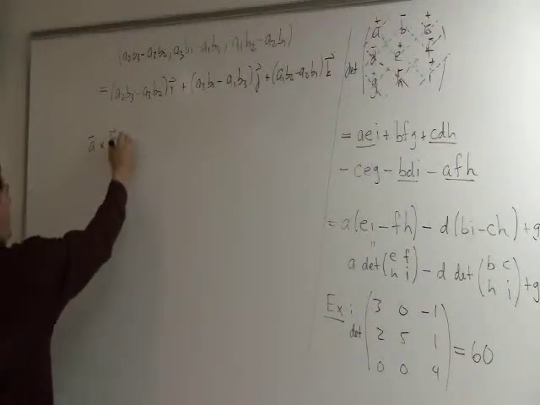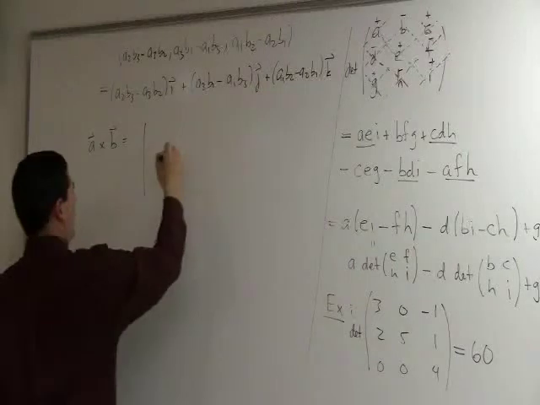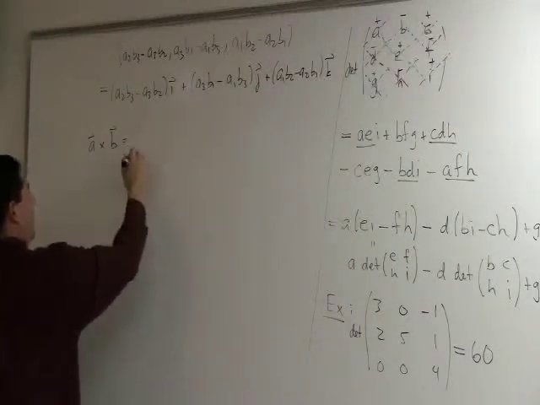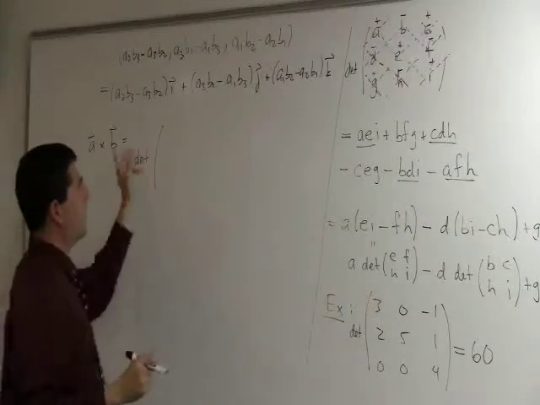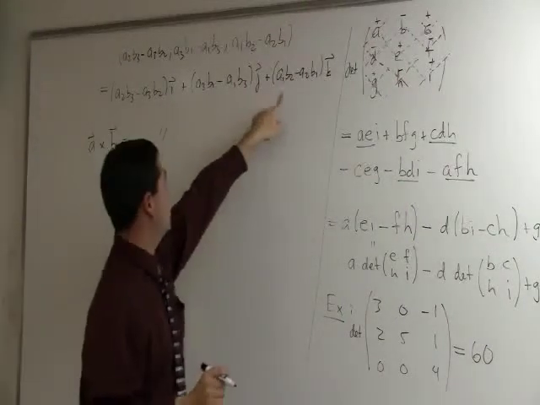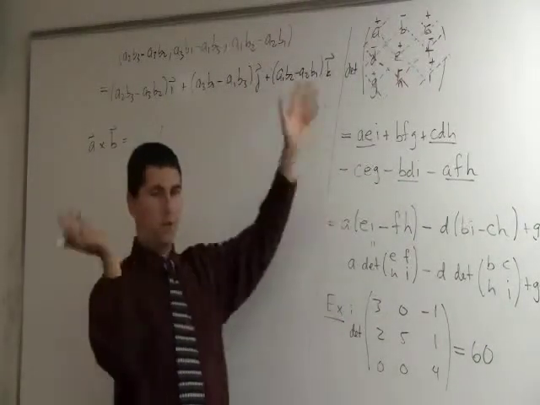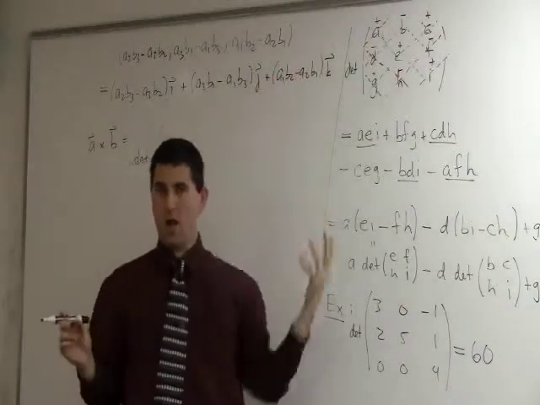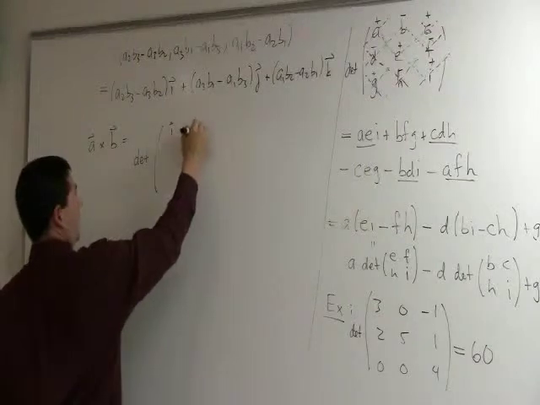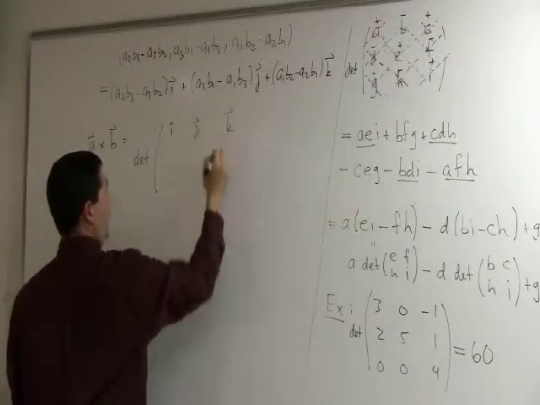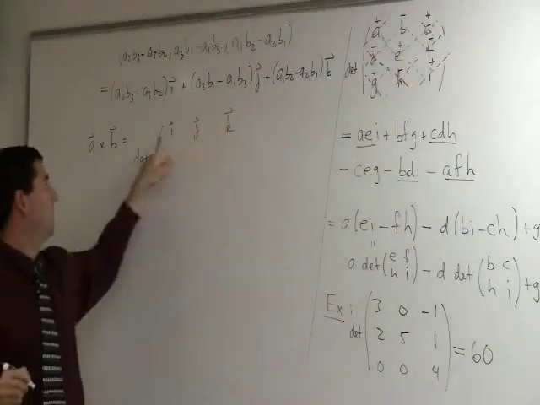So let's see if we can make this look right. If I'm going to do this game where these are supposed to be the things I multiply, I can put the I, J, and K in some row or some column. Just for ease, let me put them on the top row. So I'm going to expand on this row.